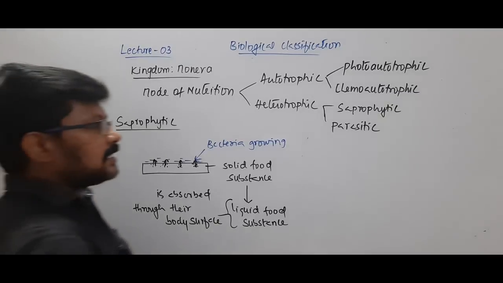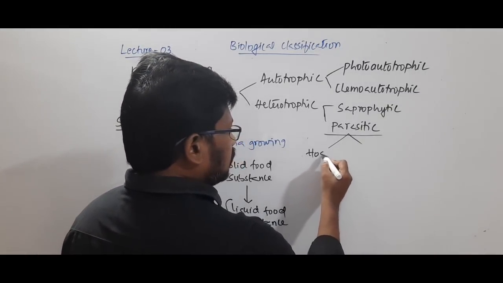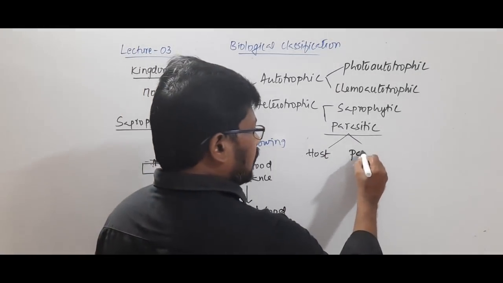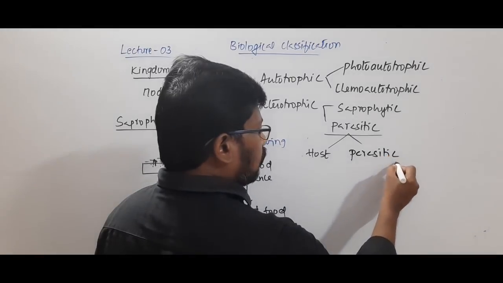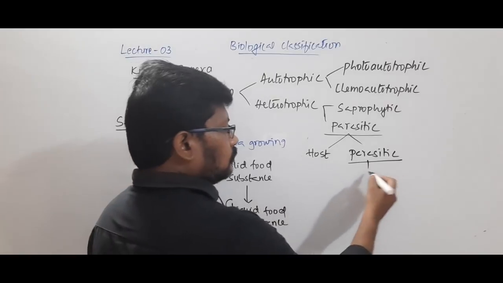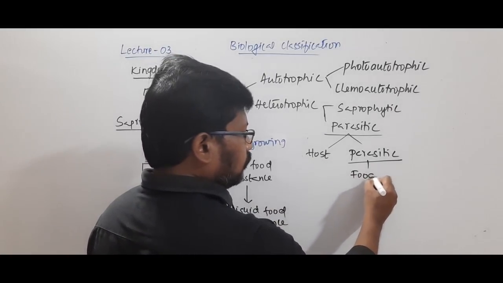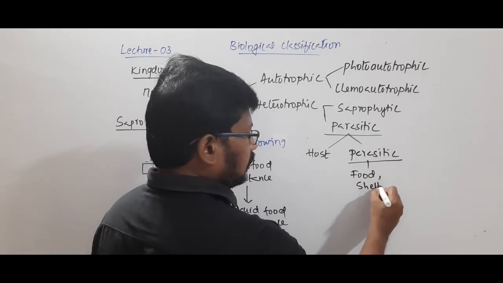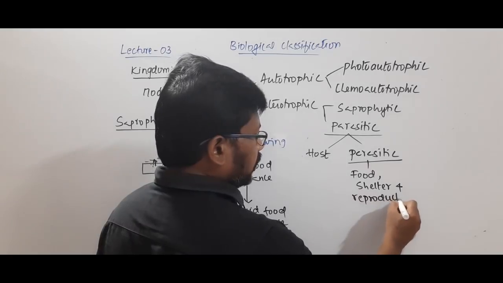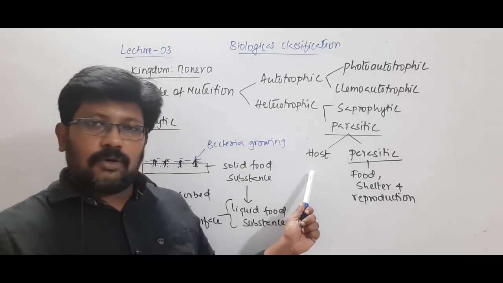Coming to parasitic, we have a host that harbors the parasite, and the parasite is an organism that takes shelter in the host. It depends on the host for food, shelter, and also for reproduction.